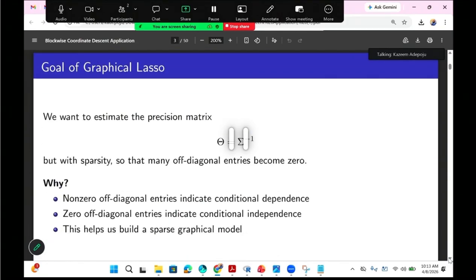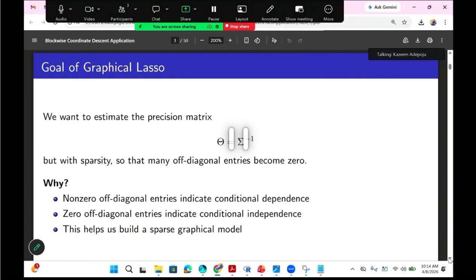What is the goal of a graphical lasso? The goal is to estimate the precision matrix. The precision matrix is the inverse of the covariance matrix. I told you the other time the reason why we cannot be satisfied with the covariance matrix. Why do we need to find the inverse of the covariance matrix?